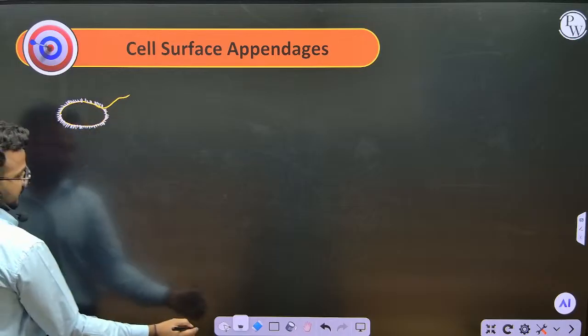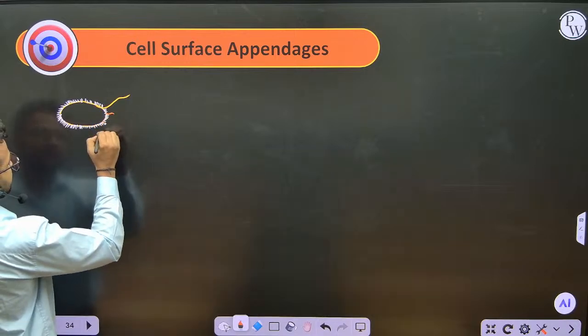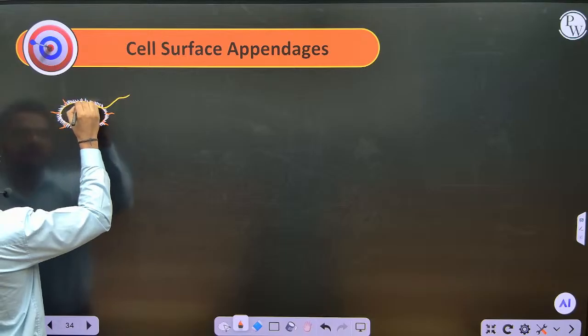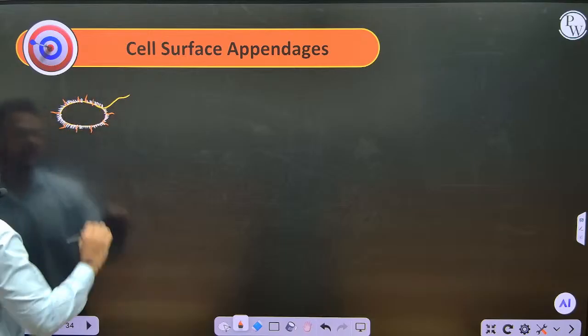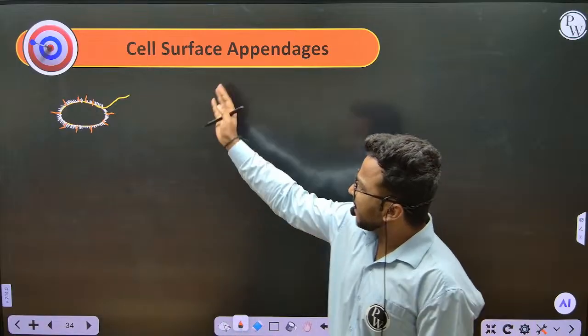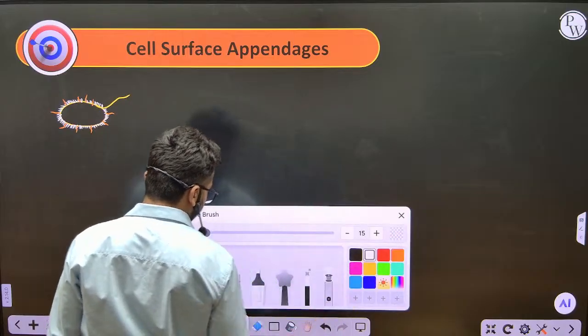And apart from this, you can see there are some pili structures which are somewhat lengthy. So these are pili or pilus. These three are the cell surface appendages. Let me explain this in depth.